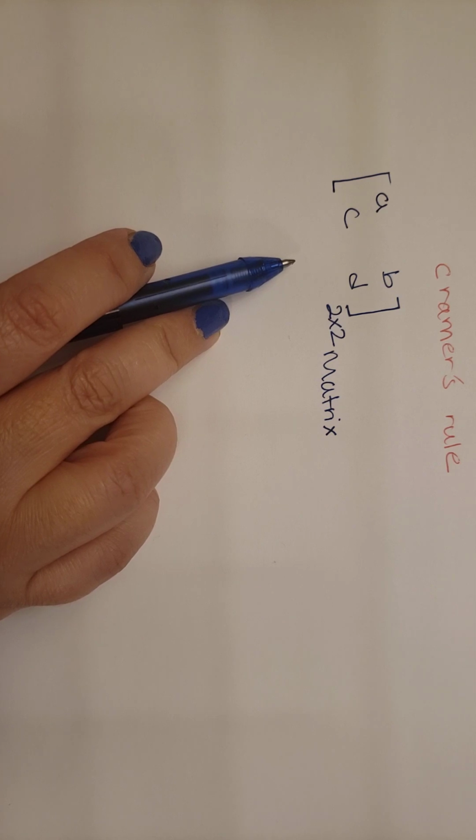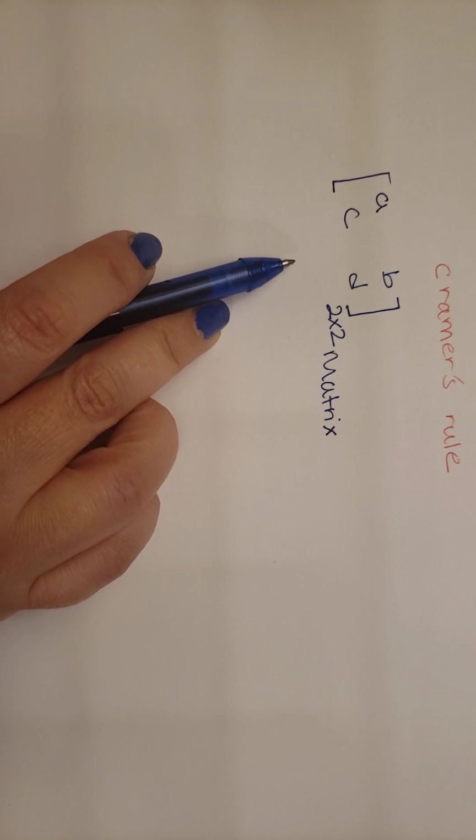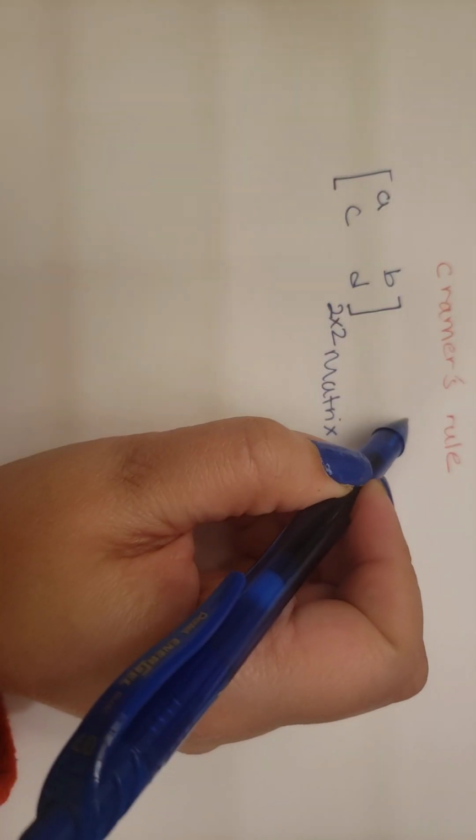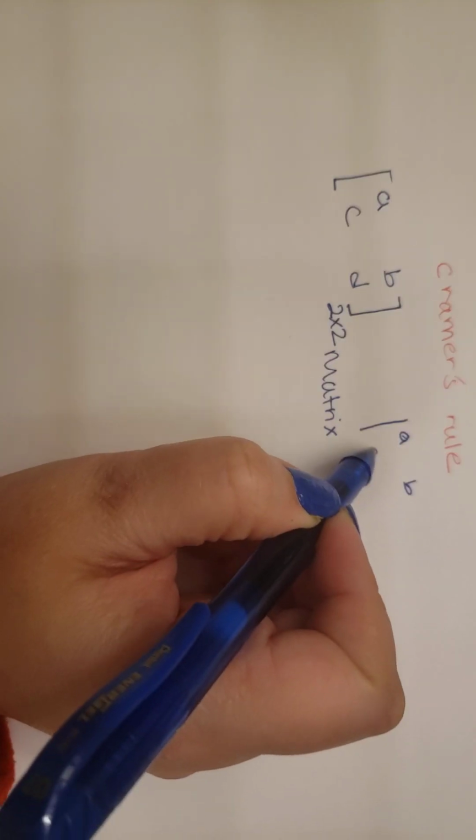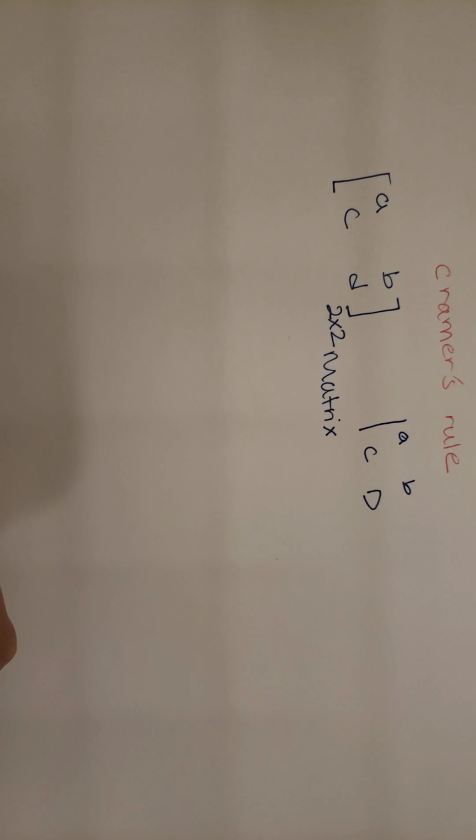In order to find the value of the matrix, we have to define the determinant. The determinant is denoted by two parallel lines, goes like this.